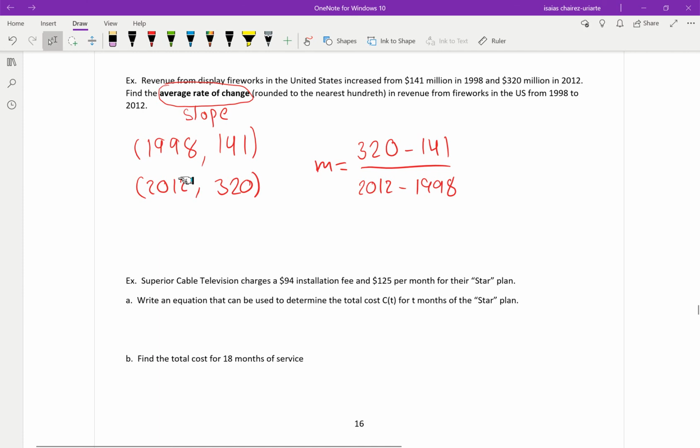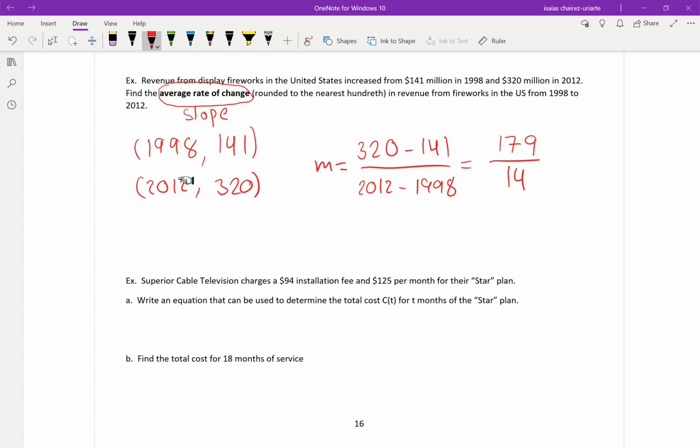You would still get the same answer. All right, so let's see. 320 minus 141, that's 179 over 2012 minus 1998, that's 14. And is this evenly divisible? No. So that's it.